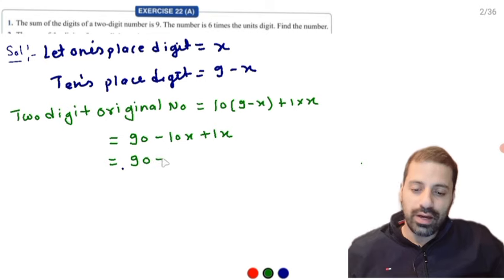So now the final number we have, my dear students, is 90 minus 9x.